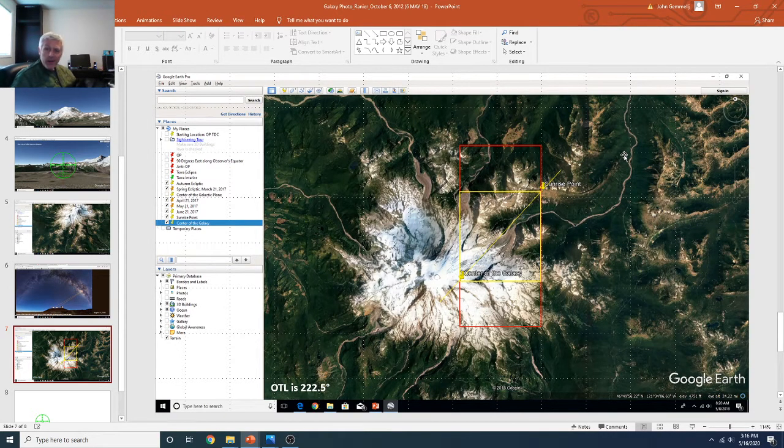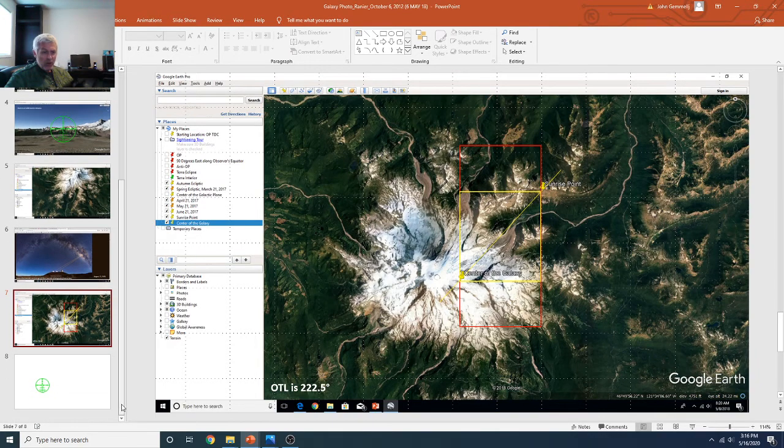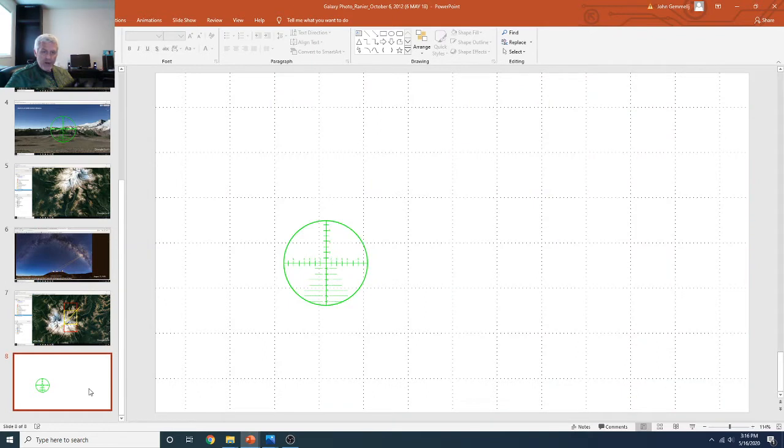So I shot an azimuth, and go figure, it came out to about 222 degrees. So it's like, okay, it looks like we're talking about the same thing right here. So I decided I'm going to stick with that. There it is. And then down here, of course, is my reticle after I calibrate it, based on the information I just gave to you.